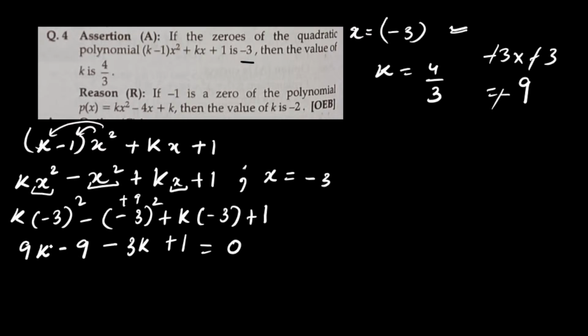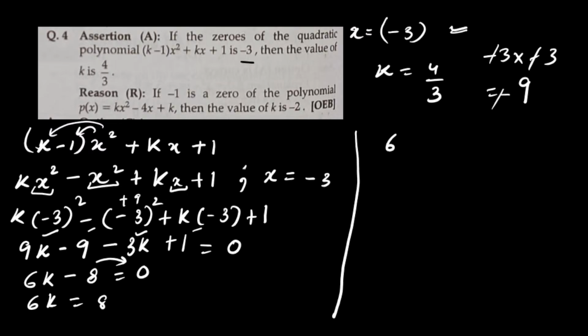So let's simplify by solving like terms. 9k and 3k are like terms, so 9k minus 3k is 6k. Then minus 9 plus 1 is -8, since 9 minus 1 is 8 but with the negative sign. Let's shift 8 to the other side. Minus 8, when we shift to the other side, becomes plus 8. So 6k equals 8.